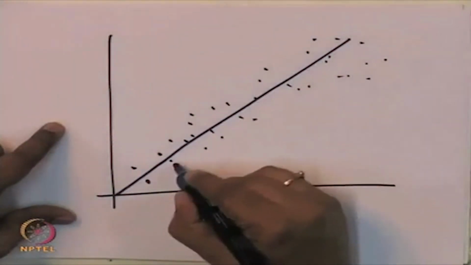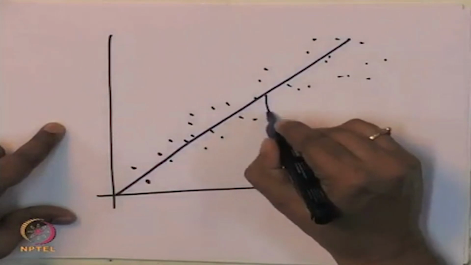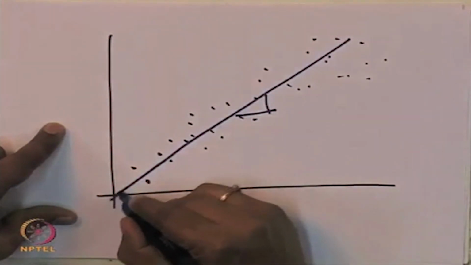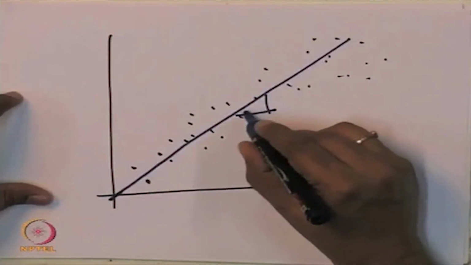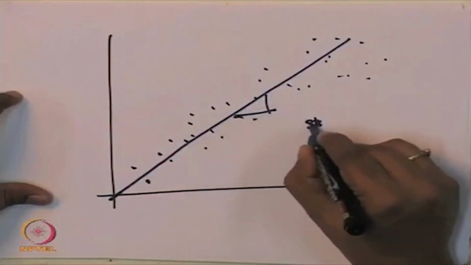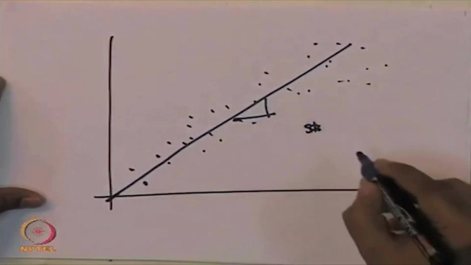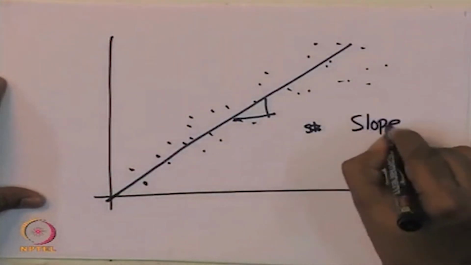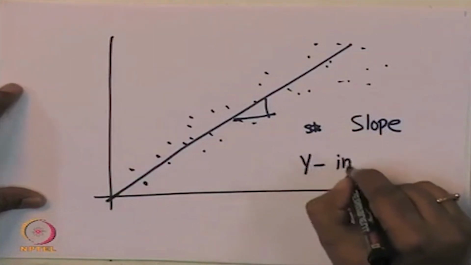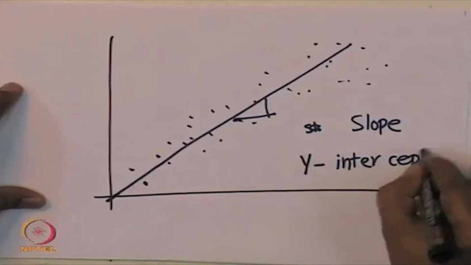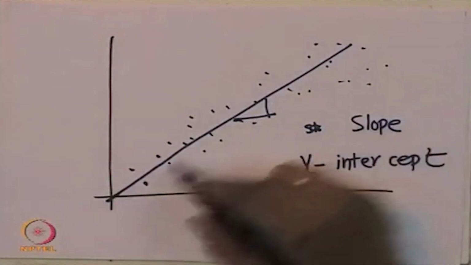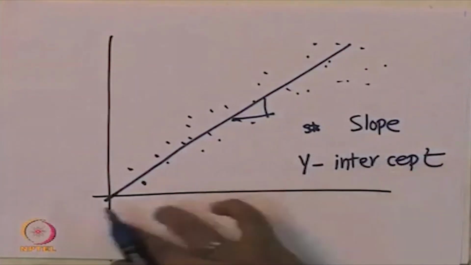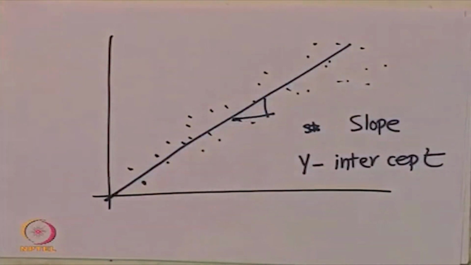That means you have to know something about the slope and something about the y intercept. We have to know two parameters to get the straight line: the slope and the y intercept. If you know these two parameters, you can get a straight line, and for some value of slope and some value of the y intercept, this will fit very nicely to the experimental data.